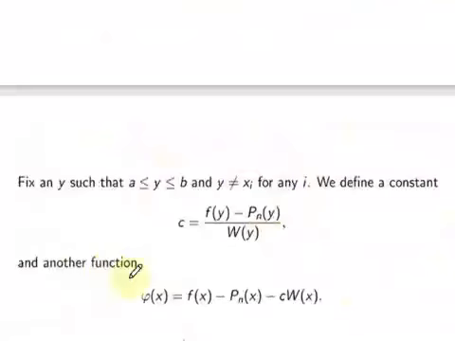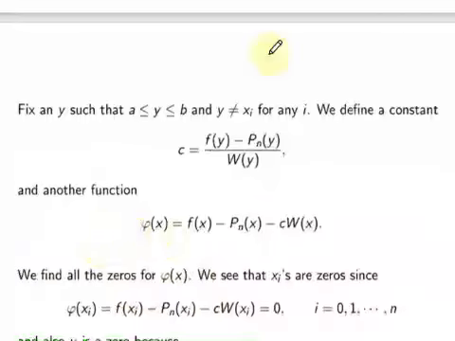Let's define another function as follows. Phi of x is defined in this way: f of x minus p sub n of x minus c times the w function, right?